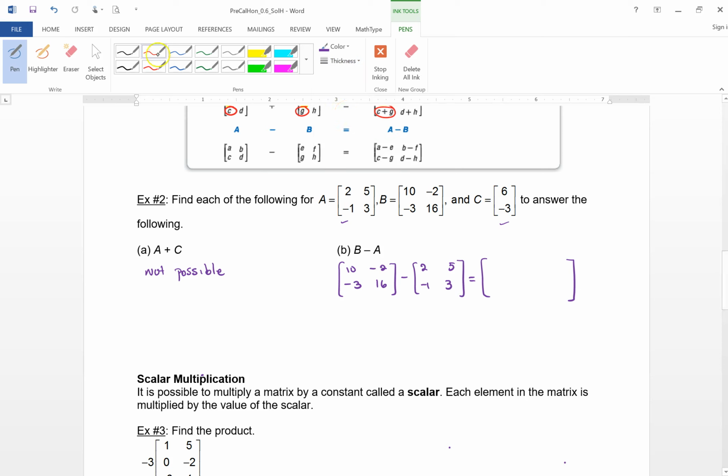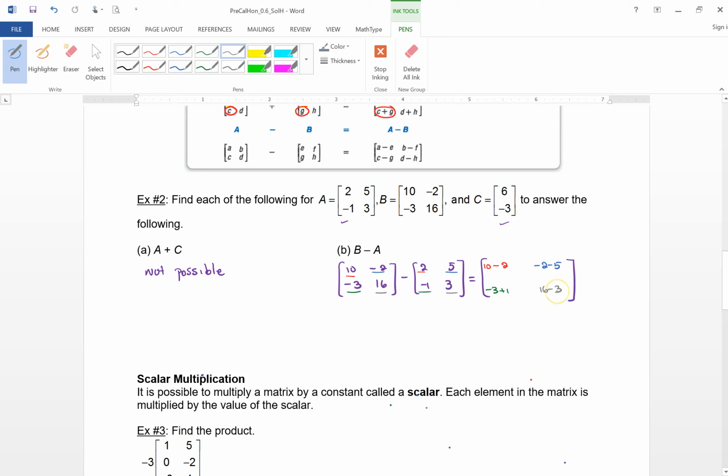All right, so in the first spot, I have 10 minus 2. In the second spot, I have negative 2 minus 5. Then I have negative 3 plus 1, right? Minus minus makes plus. Then I have 16 minus 3.